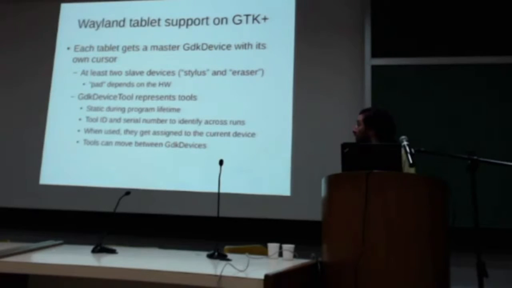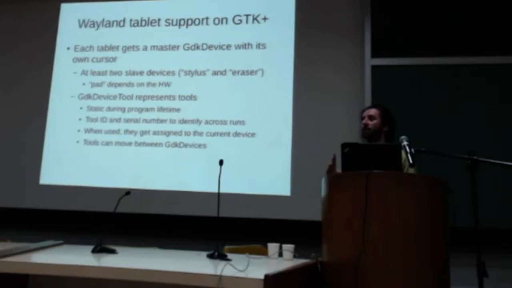So, jumping to GTK, well, this gets a bit more technical. As I told earlier, we now have multiple cursors, each tool driving its own cursor, so we don't have any longer a single device tree.